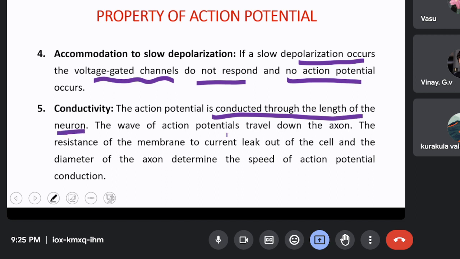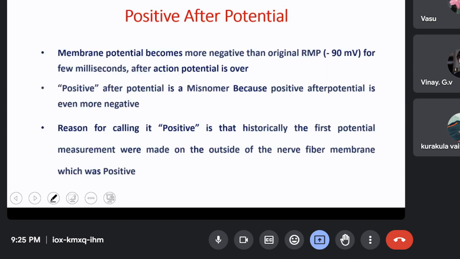The wave of action potential travels down the nerve fiber, that is the axon. Thus it exhibits conductivity. The conductivity differs from non-myelinated to myelinated nerve fiber with respect to speed. In myelinated it is faster conduction, in non-myelinated it is somewhat slow.